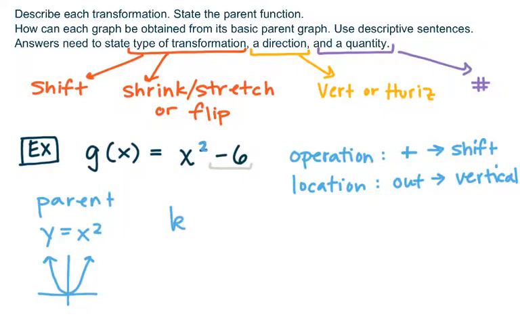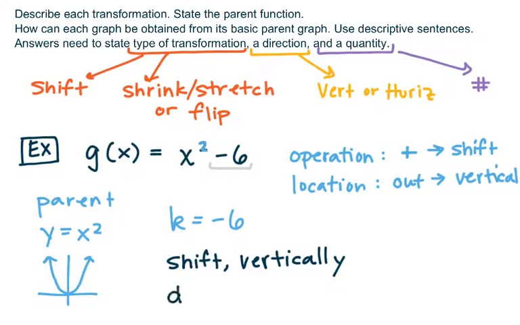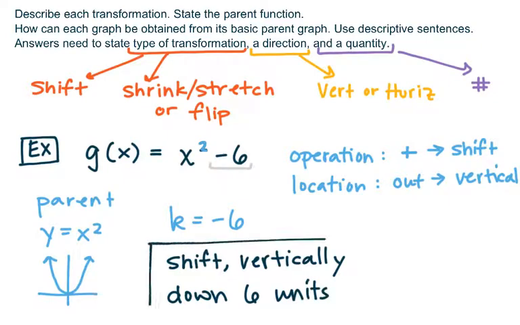If we were using the variables we had defined, we would say K equals negative 6. But the answer that we would be looking for, the phrase or the descriptive sentence, would be that it's going to shift vertically, and specifically we're going to say down 6 units. So it's going to shift down 6 units.